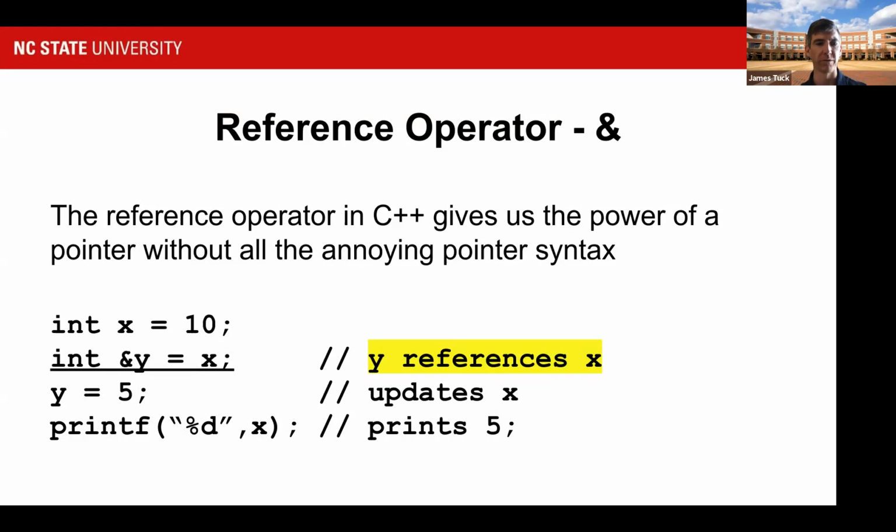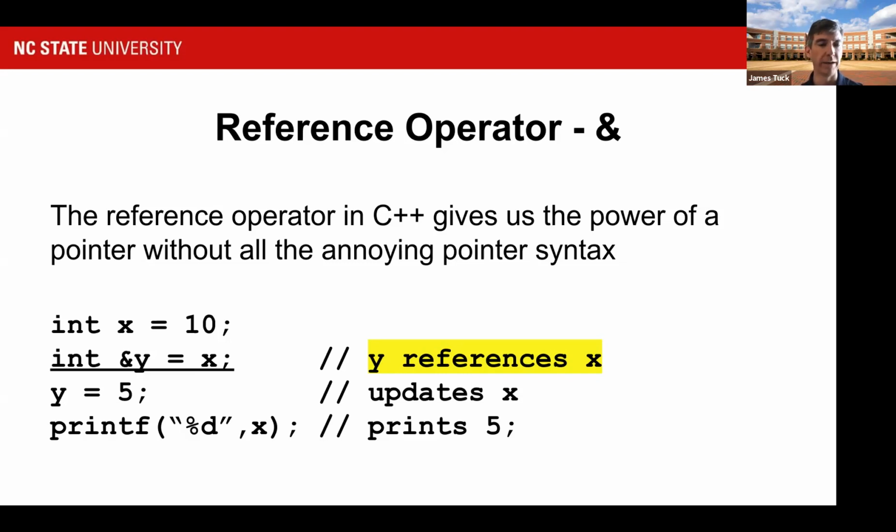Okay, so here's how it works. Let's say I have a normal variable x, and then I can declare a reference to x by putting an ampersand to the left of y. And so what this is saying is that y is now something called a reference, and y references x. And so any change I make to y is really a change to x.